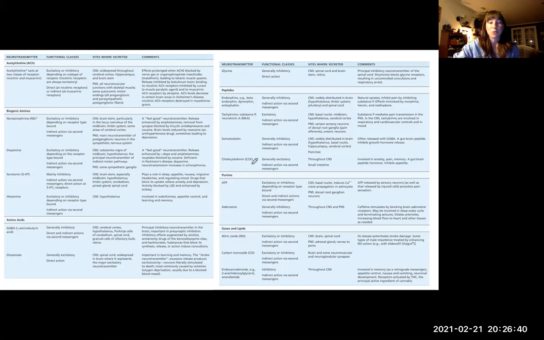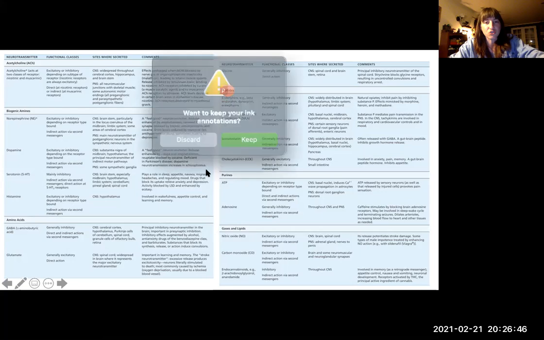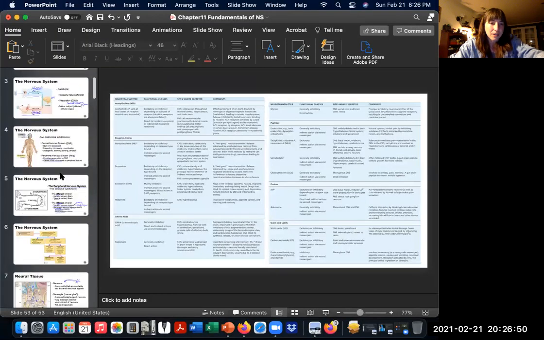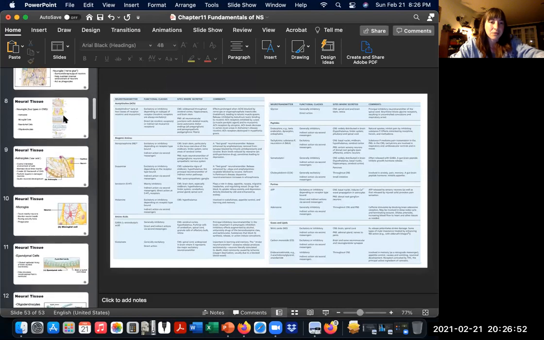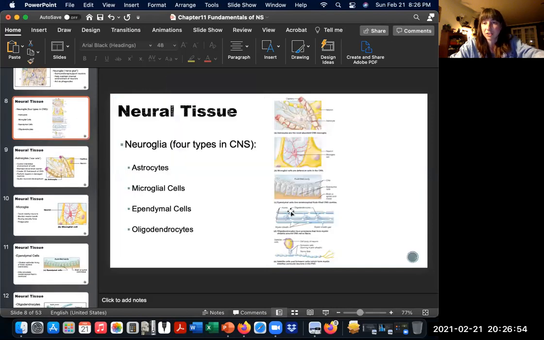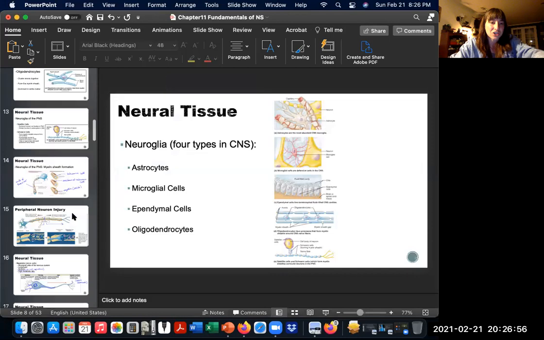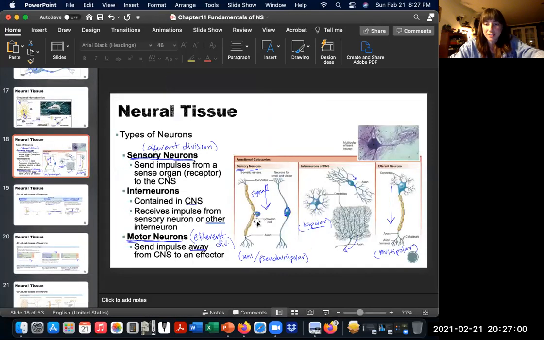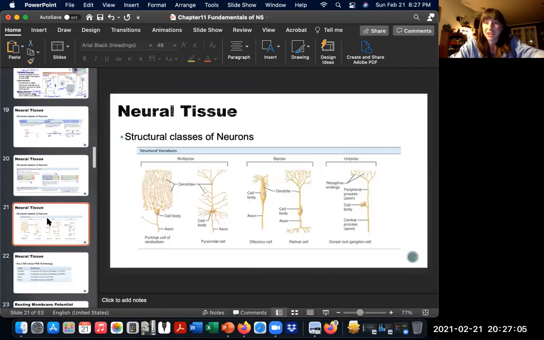But if you want to prepare for Thursday's lab, I highly recommend that you go through the structures that we talked about in this PowerPoint, namely the important glial cells and the basic structures of neurons and the different structural types of neurons, where they can be found.